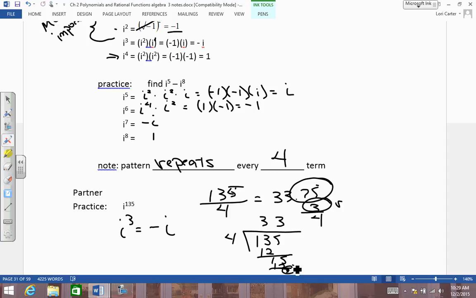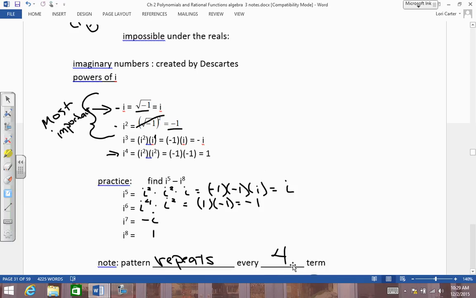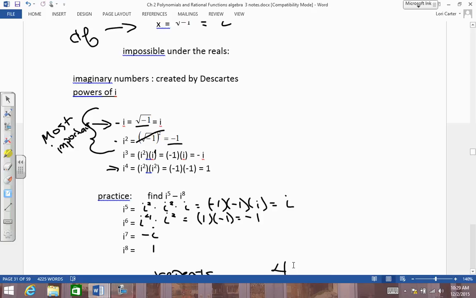Logan, what's a remainder of 0? The answer is 1. If I have a remainder of 0, the answer is 1. That's because when you're up here, look at your I's: this is I, remainder 1, remainder 2, remainder 3.